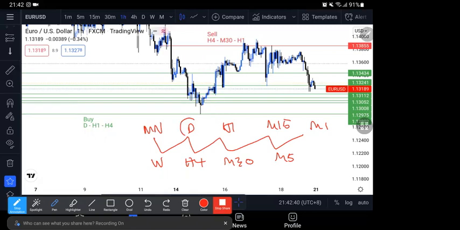So if this is buy, this is sell. If this is sell, this is buy. So when I say when we have H4 sell, we're gonna stand by H1 buy. Is it tally? Yes.